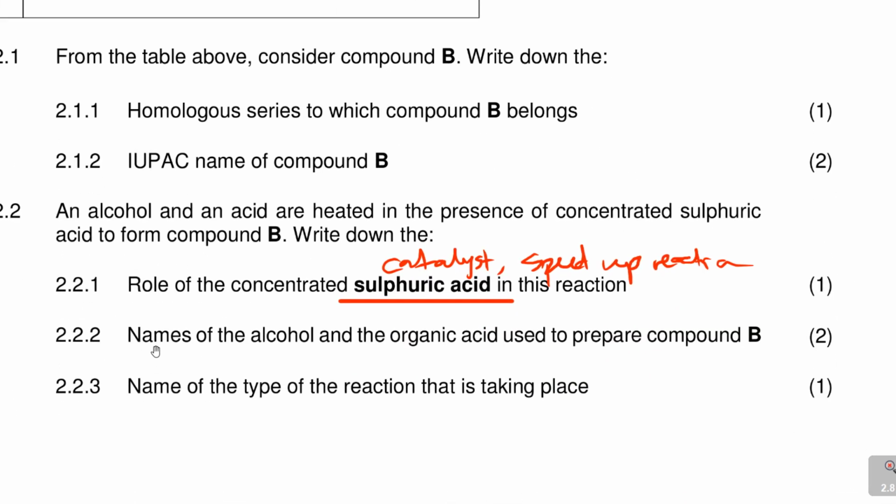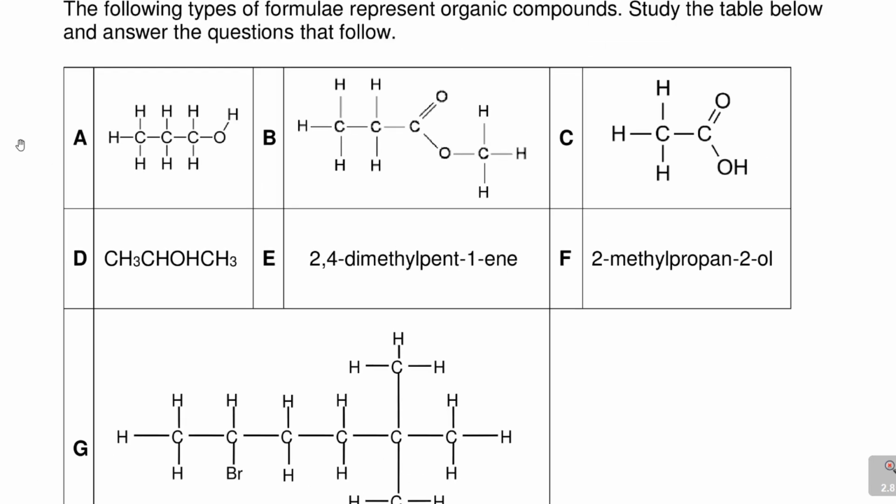And then what else? Names of the alcohol and organic acid used to prepare compound B. We just named them. This is the alcohol, the methanol, and what about the acid?